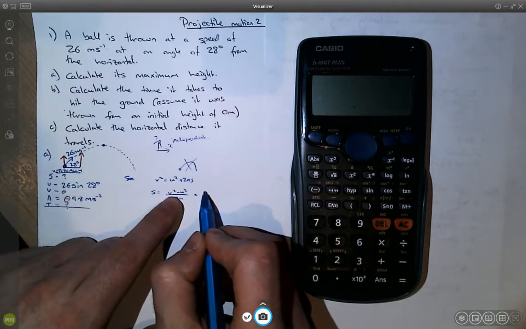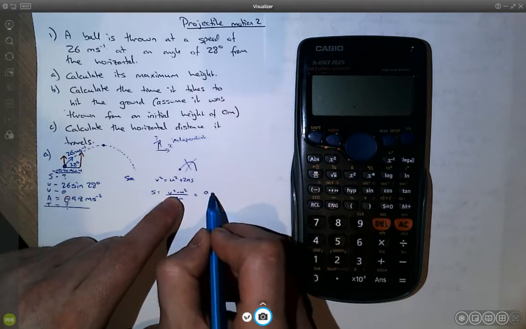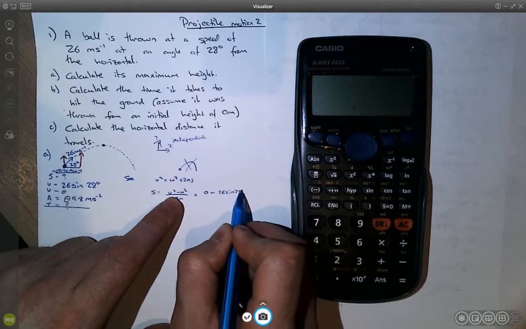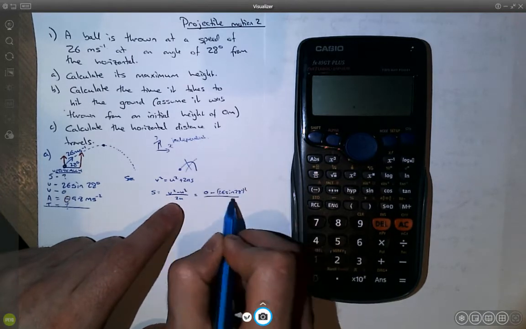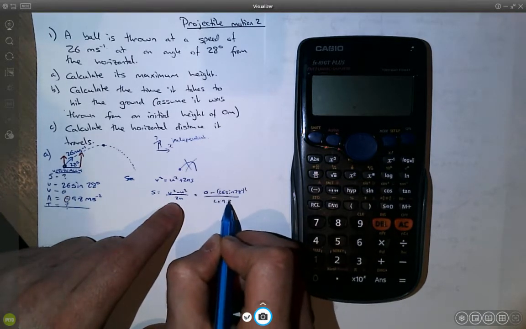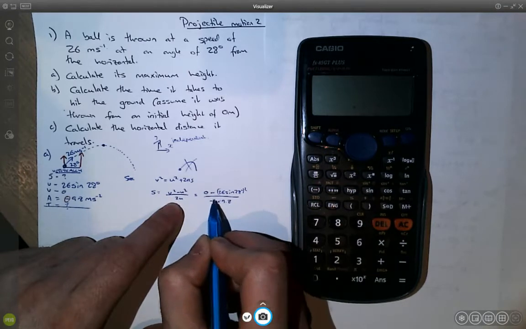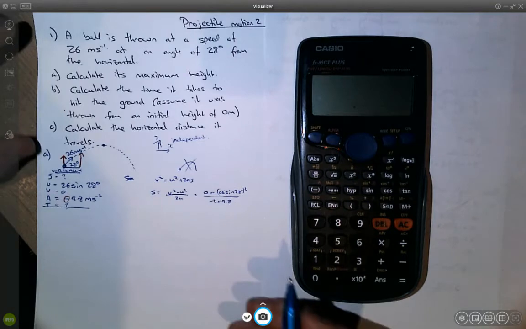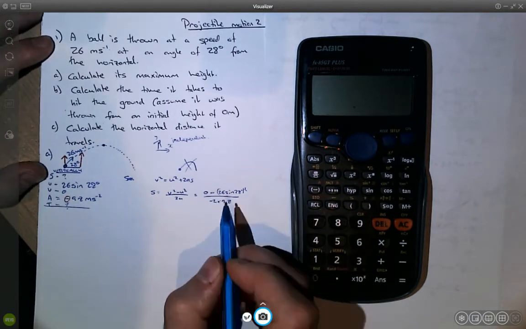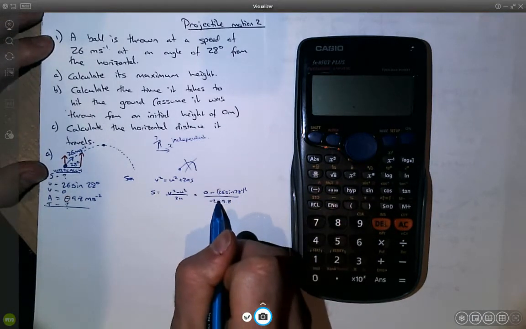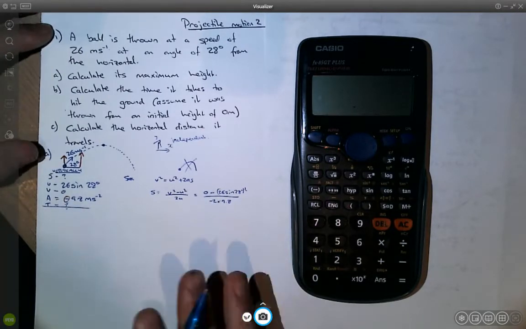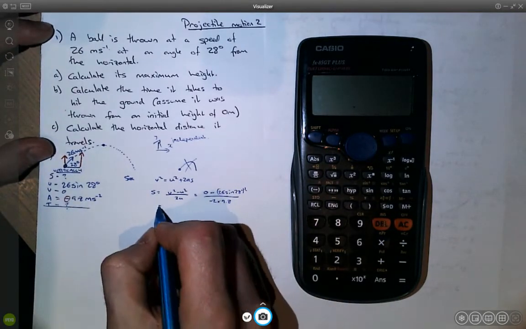V squared is 0, minus U squared, over 2 times 9.8, and I'm going to put the minus here. Now you can see these minus signs cancel out, so we're going to get a positive height. If you used a positive value for acceleration here, you'd get the same answer, but it would be negative, so strictly speaking it wouldn't be correct.